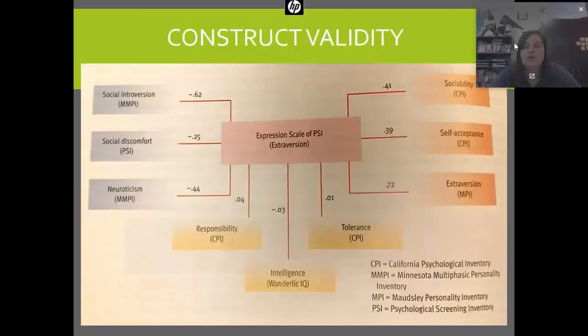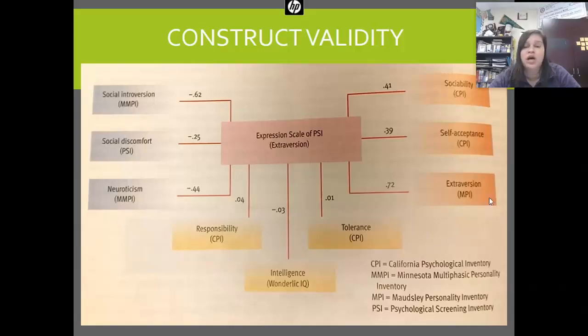Construct validity, remember, a construct is something that's hard to measure. In our example here, we have extraversion, how outgoing a person is. So we're going to compare this test, the expression scale of the PSI, to other tests. We have the MMPI, the Minnesota Multiphasic Personality Inventory, another part of the PSI.